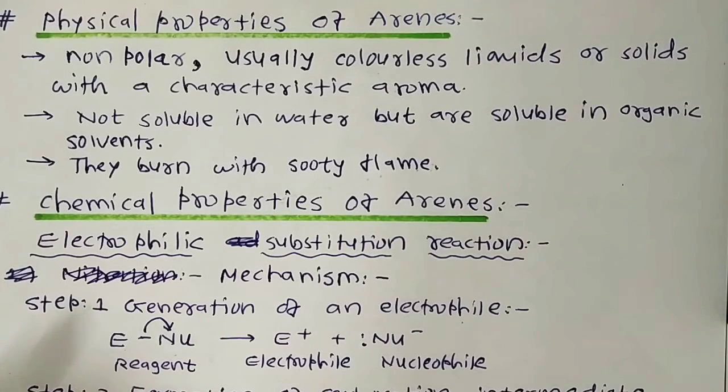In this case, the nucleophile, because it is more electronegative compared to the electrophile, attracts electrons towards itself. But this process is done through a catalyst. It's not an autonomous reaction. So it is converted into E plus and Nu minus, where E plus is the electrophile and Nu minus is the nucleophile.